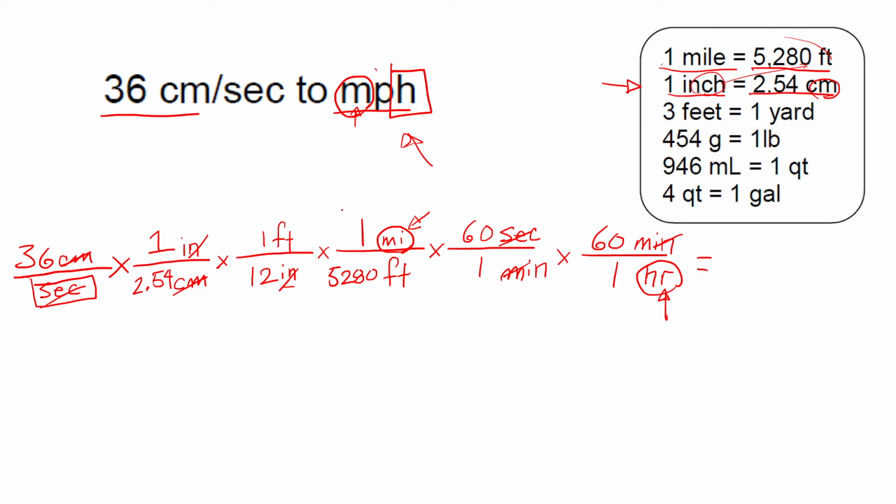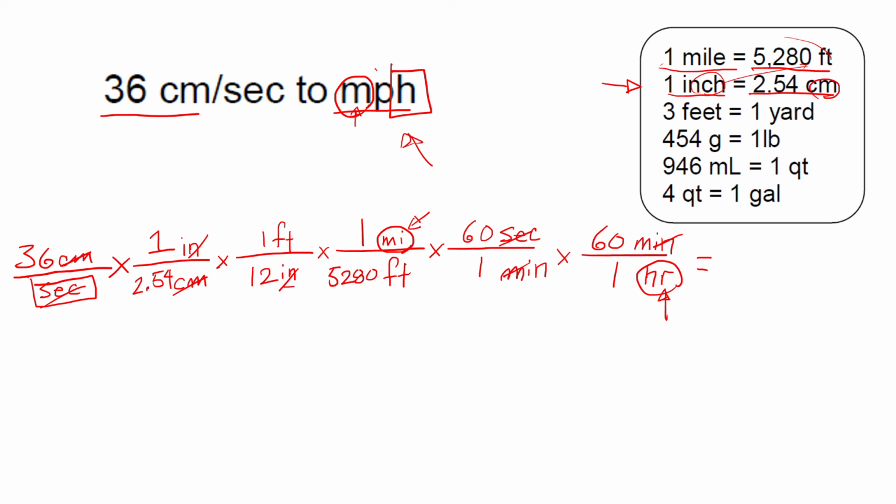So I just got to do this math. All the numbers on the top get multiplied together. All the numbers on the bottom, you divide from those values. So if I was going to punch it into the calculator, I would do 36 divided by 2.54, divided by 12, divided by 5280, times 60 times 60.